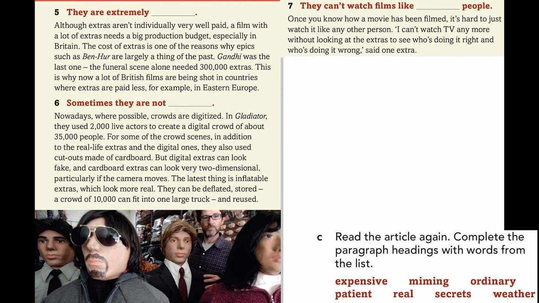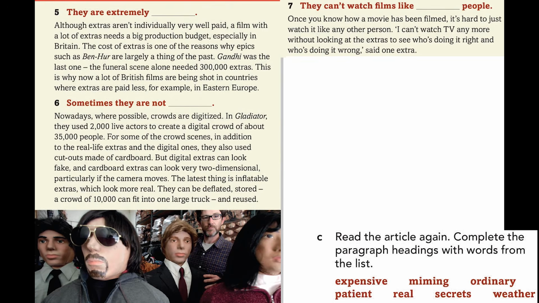Sometimes they are not. Nowadays, where possible, crowds are digitized. In Gladiator, they used 2,000 live actors to create a digital crowd of about 35,000 people. For some of the crowd scenes, in addition to the real-life extras and the digital ones, they also used cutouts made of cardboard.